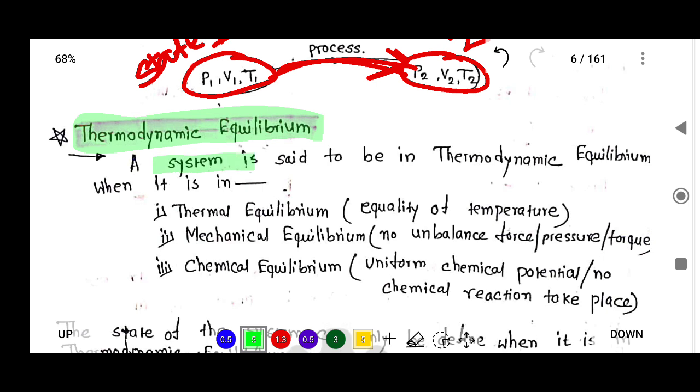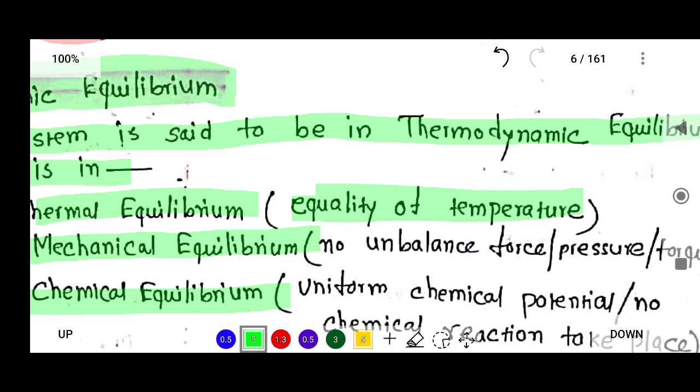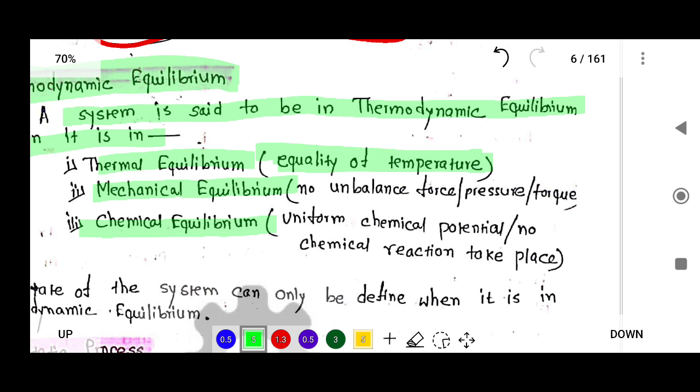A system is said to be in thermodynamic equilibrium when it is in thermal equilibrium, mechanical equilibrium and chemical equilibrium. These three conditions must be satisfied, then you can say that this is thermodynamic equilibrium. Thermal equilibrium means there is equality of temperature. Mechanical equilibrium means, suppose consider there is any system, and inside this system there is no unbalanced force or pressure or torque.